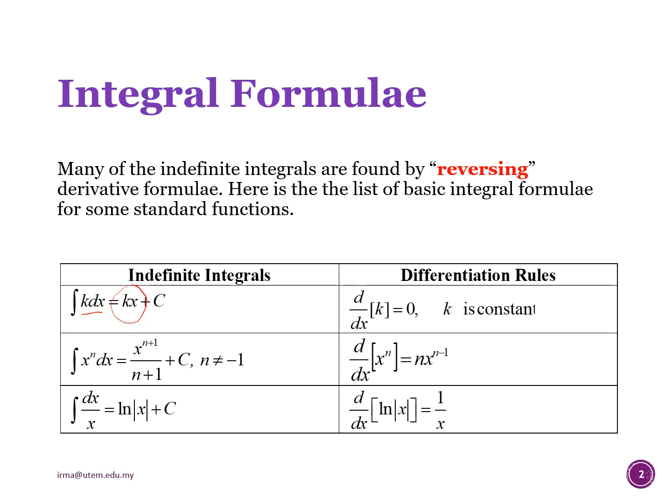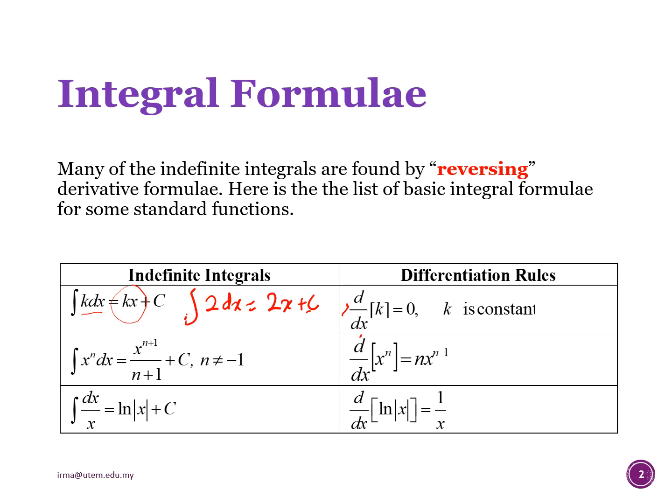For example, integrate 2, so you get 2x plus c. Next, integrate x to the power of n. You will get x to the power of n plus 1 over n plus 1, plus c.